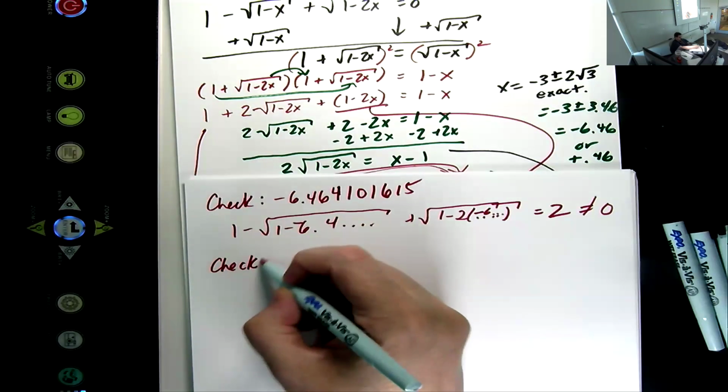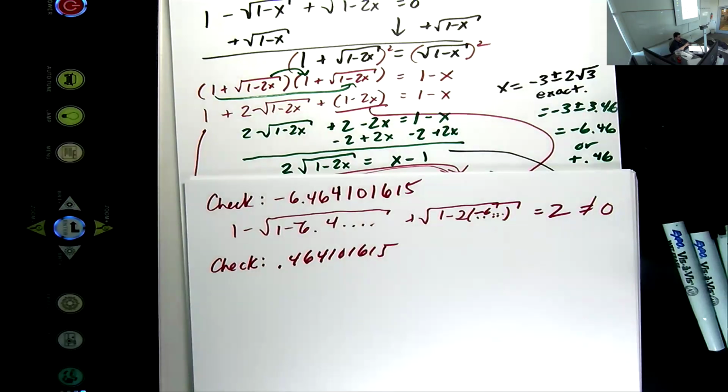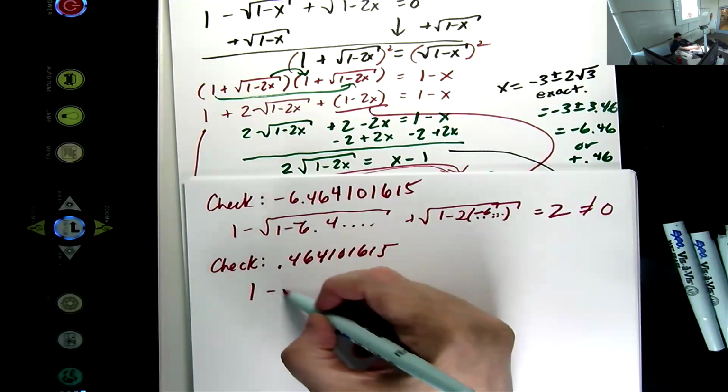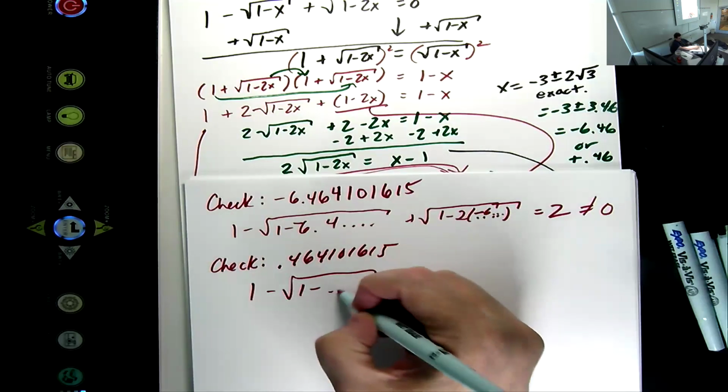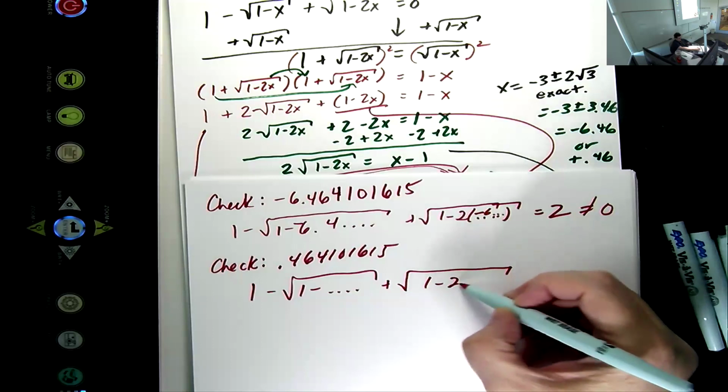Check the other one. So we're doing 1 minus the square root of 1 minus that answer, plus the square root of 1 minus 2 times that answer.